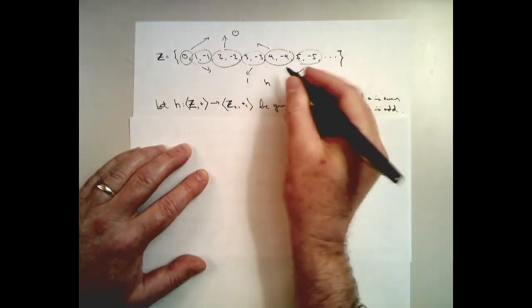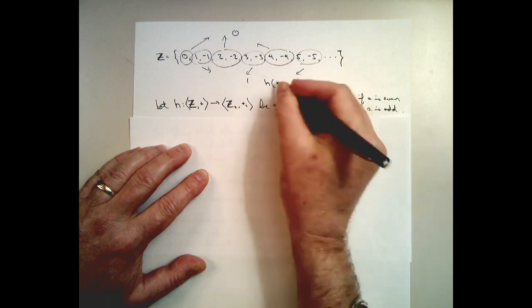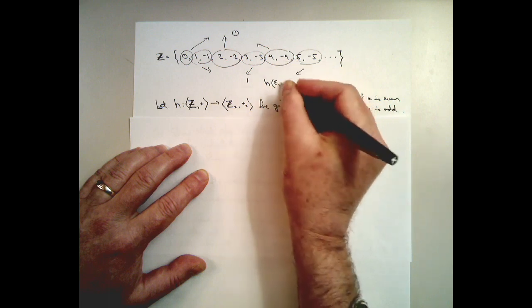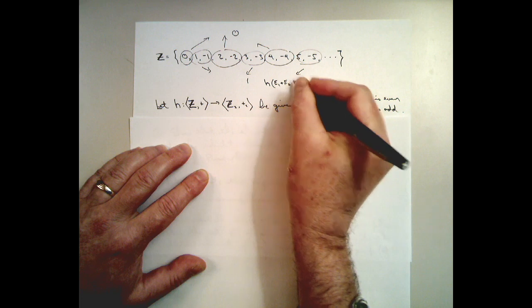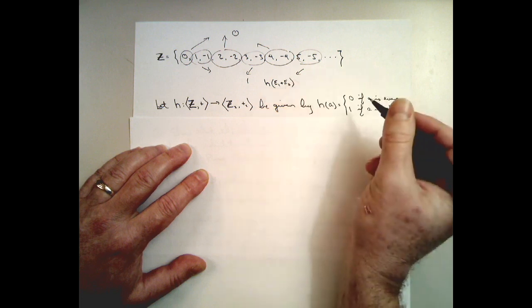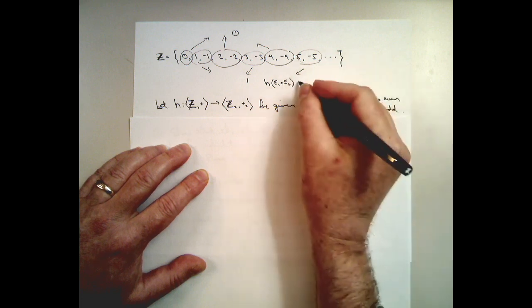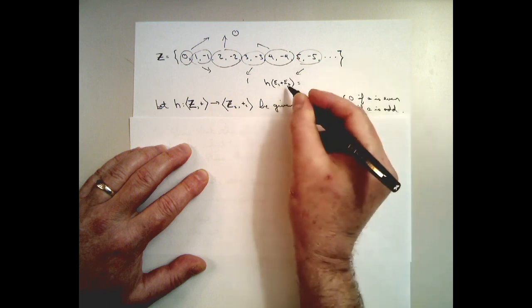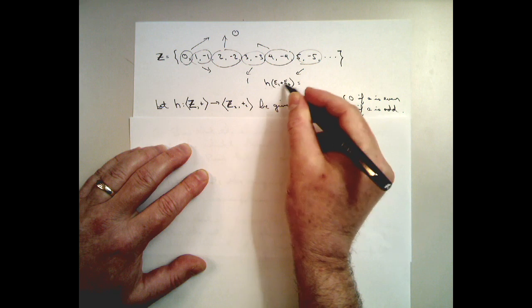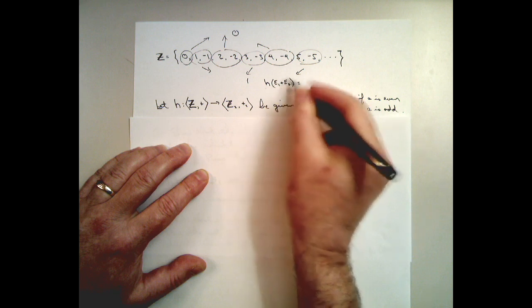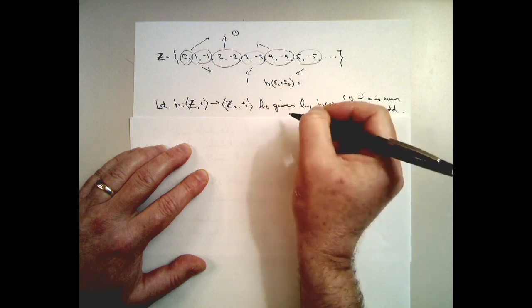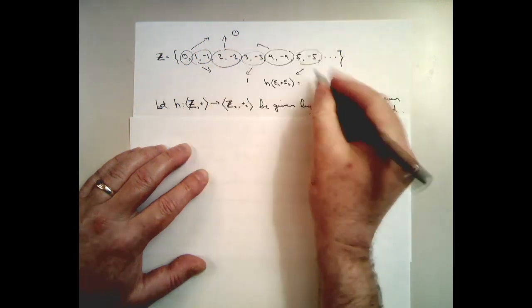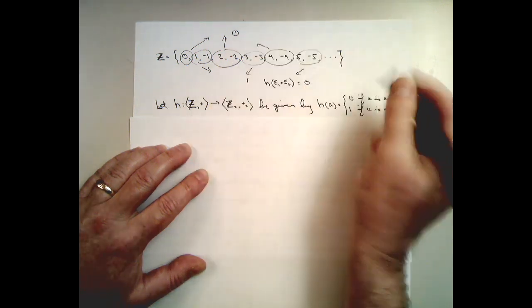So h, let's see, if I took a couple of even numbers and added them together, so call them E1, E2, let's see, what's that going to be? Well, if I add two even numbers, I'm going to get an even number. And so h is going to take that even number that I get whenever I add those two together. That's taking the even numbers to 0, so it's going to take that to 0.